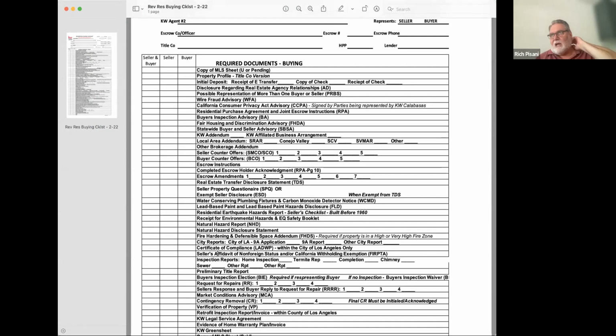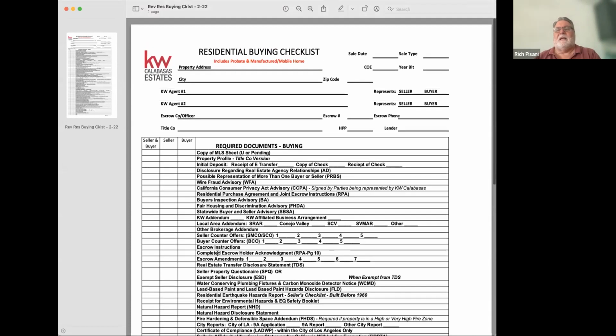And you should check with your office administrator as to where to find a copy of this checklist. A lot of times it's on an e-drive, sometimes it's in my KW under documents. Every office does it differently, so I can't tell you where it is on your office, but every office has this checklist for every type of transaction.